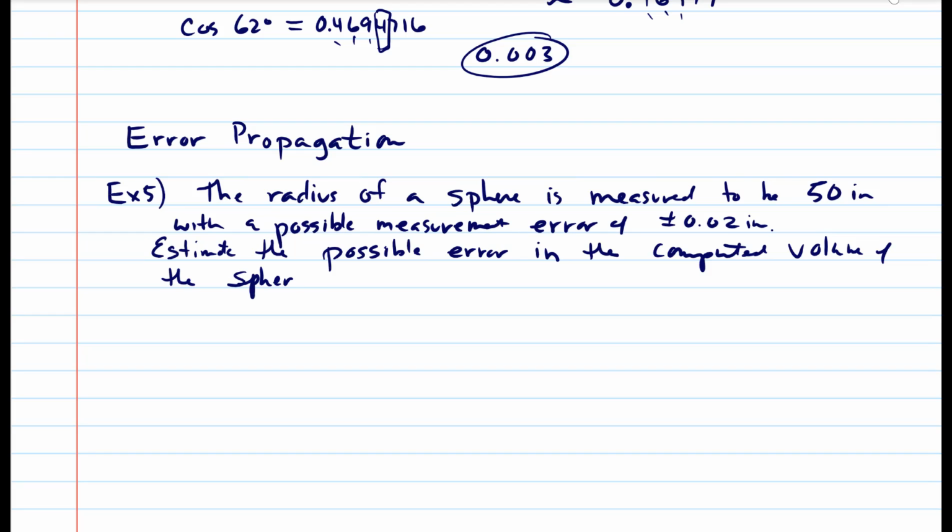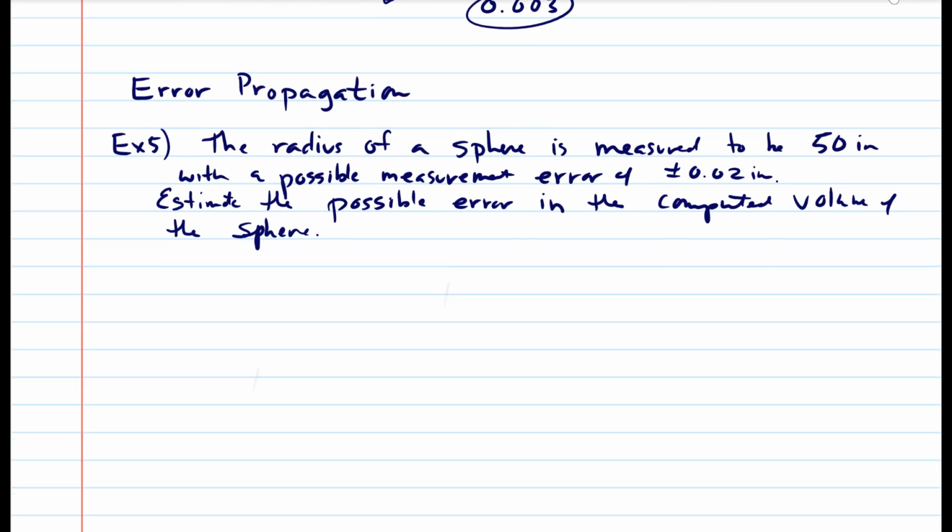So we're going to compute. We know we have a radius that is off by that much. Now the question is, how much would the volume be off by if that's the case? So let's jam with it here.